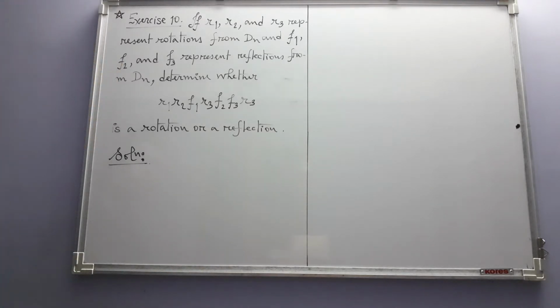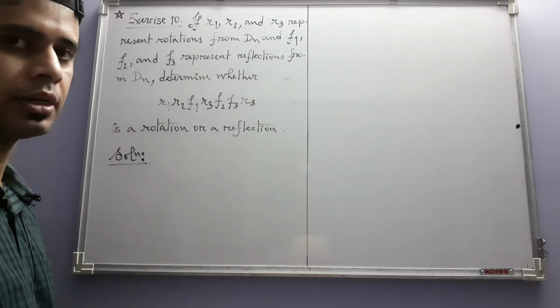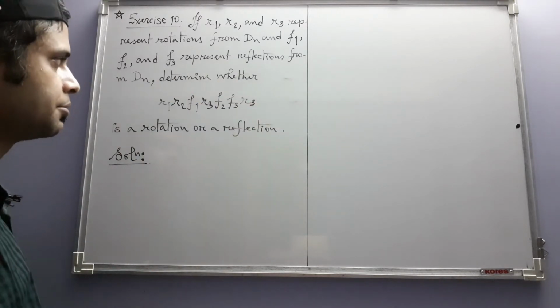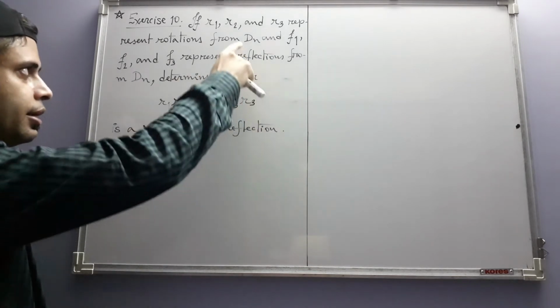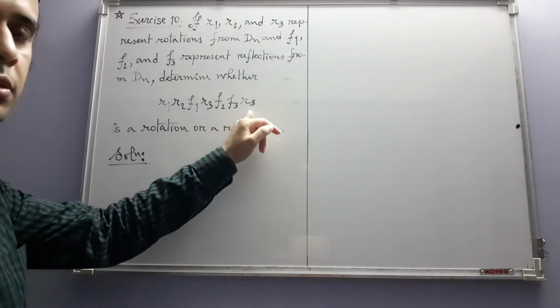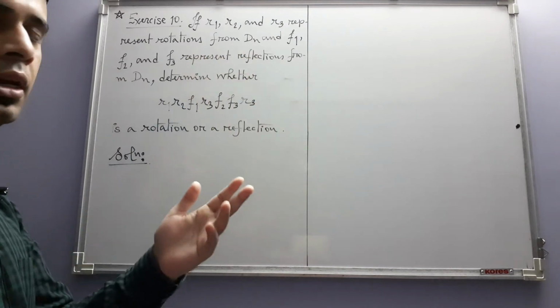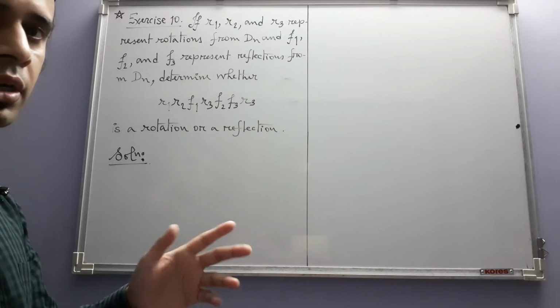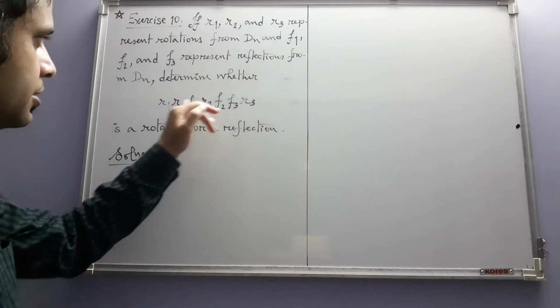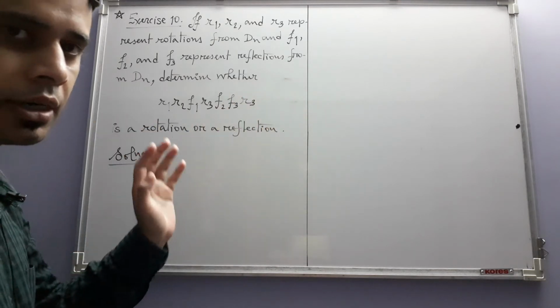We have to figure out whether this element is a rotation or a reflection. We know that this is again an element in Dn because Dn is closed under the formation of such a product, and we also know that in Dn every element is either a rotation or a reflection. So this is either going to be a rotation or a reflection. We have to figure that out.